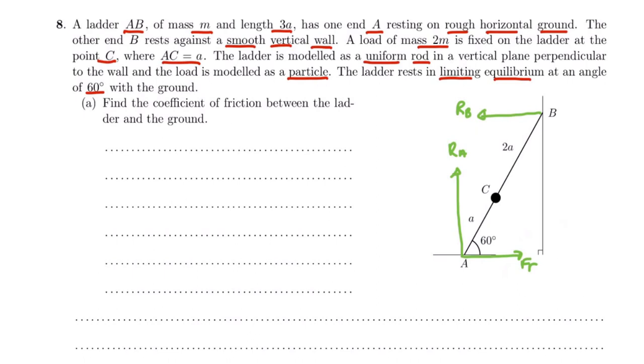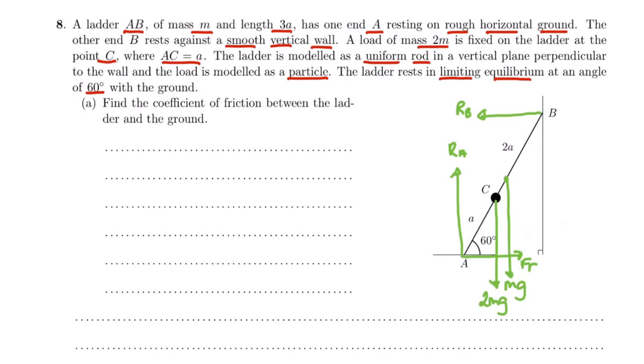We've got the weight of the ladder, and that's going to act 1.5A or 3/2A. So I'm going to put that there, and that is mg. We don't know what the mass of the ladder is, so all I can say is it's mg. And we've also got the mass at C, which is 2 mg.